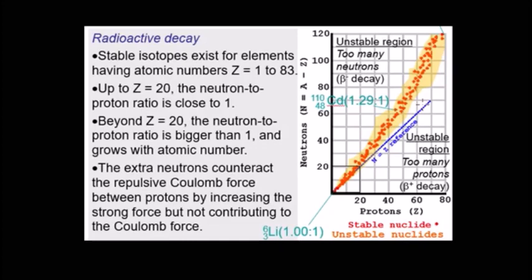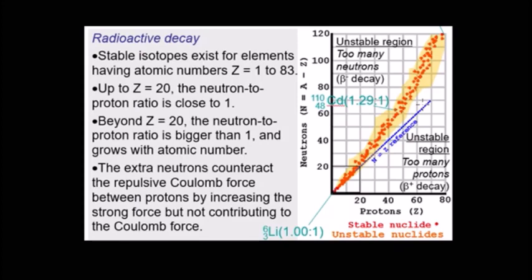So neutrons are introduced, and they have no charge, so they don't suffer from coulombic forces, and they add to the strong force to try to hold things together. But eventually, you have to add in so many neutrons that the nucleus becomes weaker and weaker and does not want to hold together.